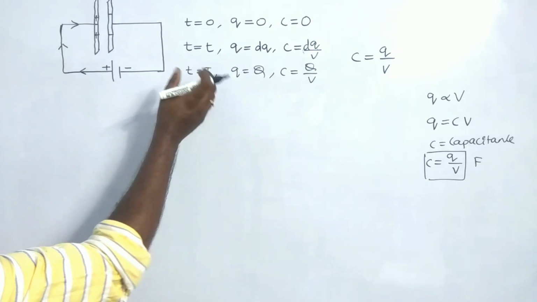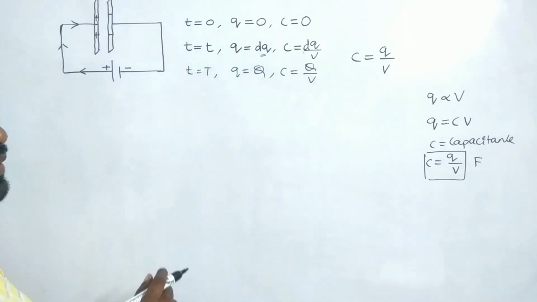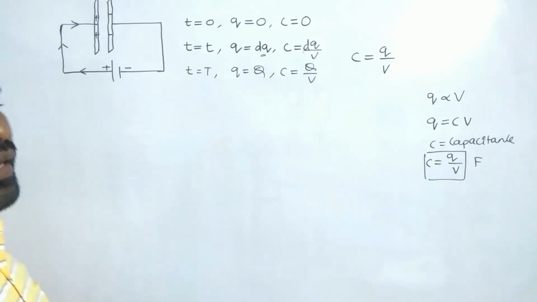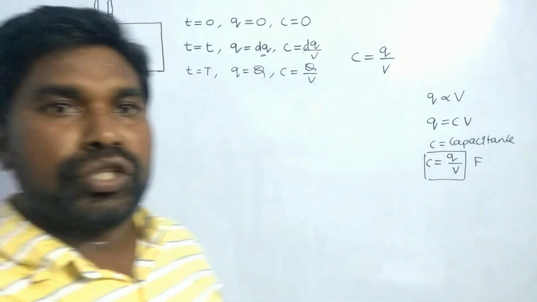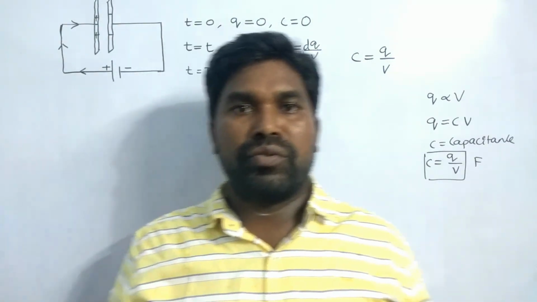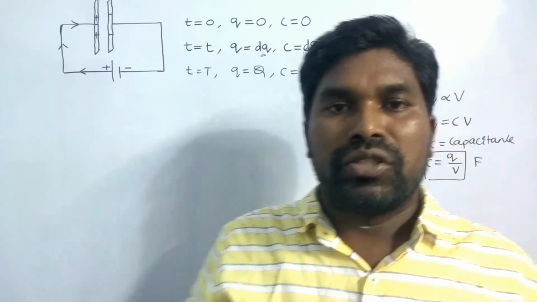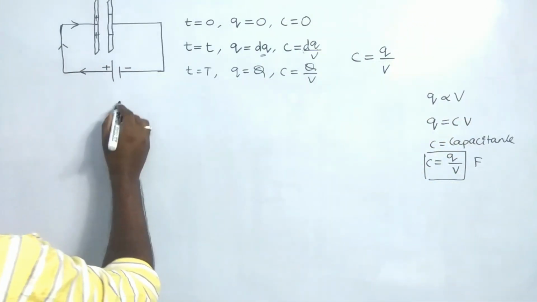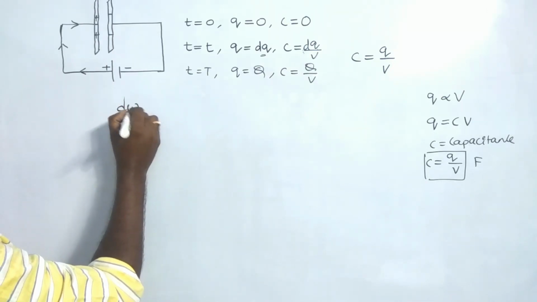Whenever the charge increases by dq, some work must be done. How? If the charge is brought from infinity into the electric field, then some potential acts and some work must be done. Here the work done is in the form of potential energy.